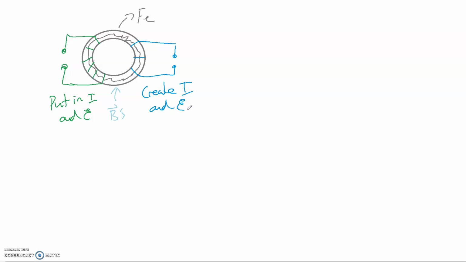Now, here's one of the kind of neat things about it. Over on the green side, I drew 6 loops, making 6 magnetic fields. And of course, those magnetic fields come together and go through the iron.